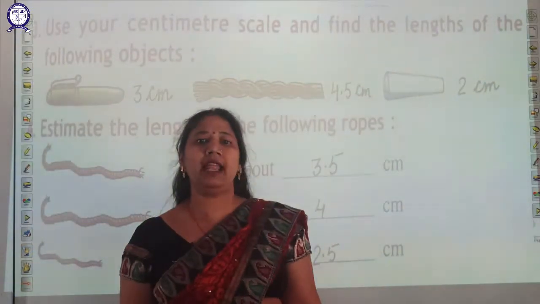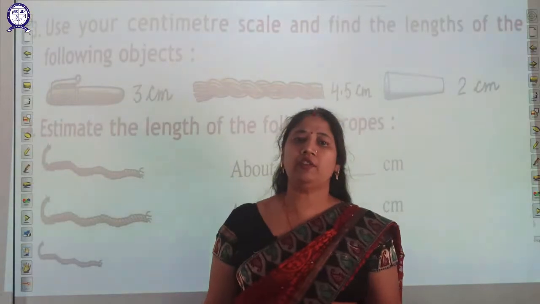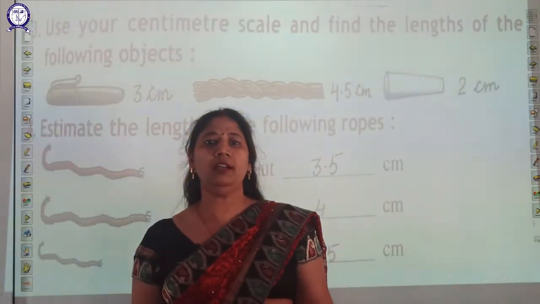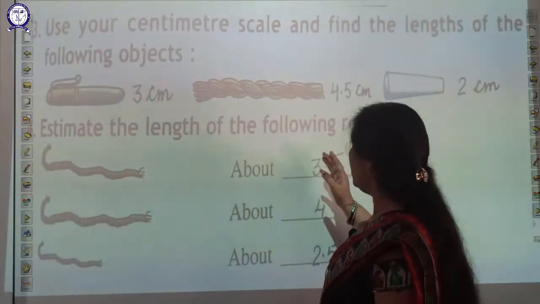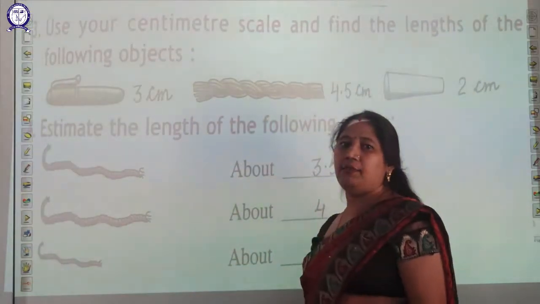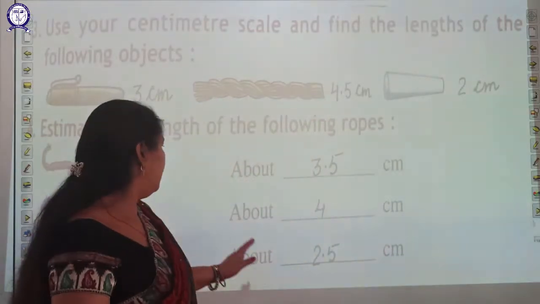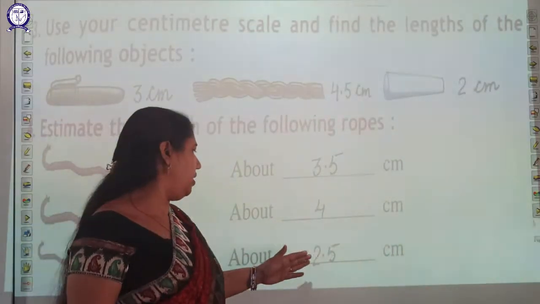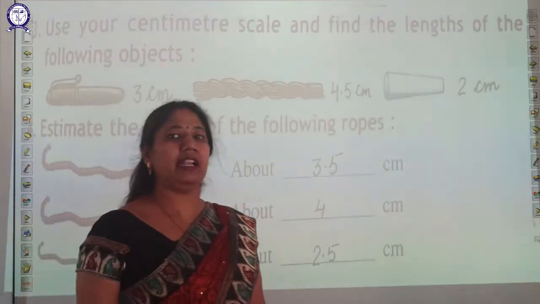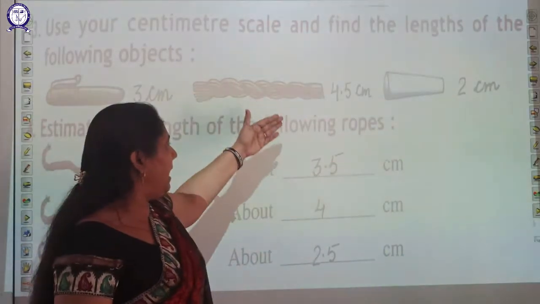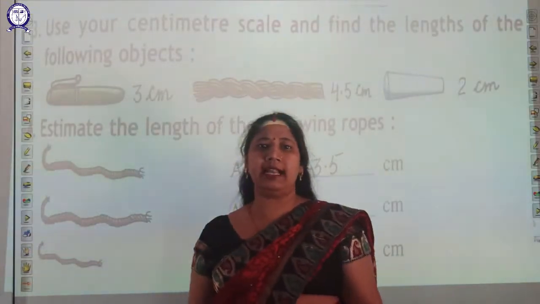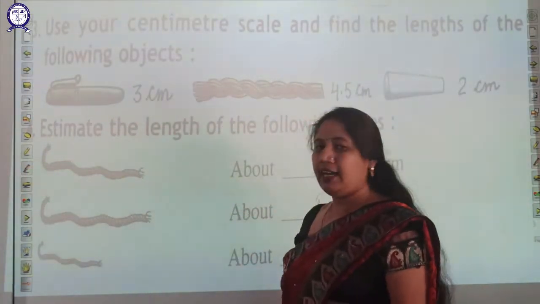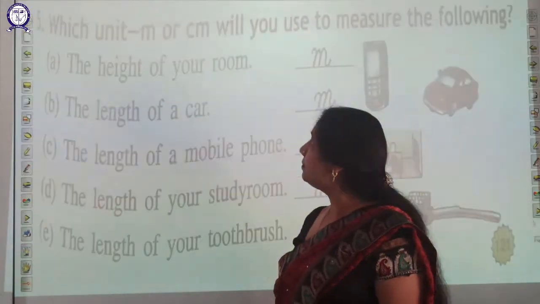To find out the length, you have to use your ruler or centimeter scale. Estimate the length of the following: about 3.5 centimeters, about 4 centimeters, or 2.5 centimeters. To measure the length of these objects, use a ruler or your centimeter scale and start from 0.